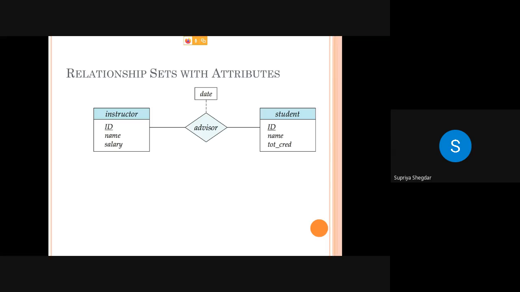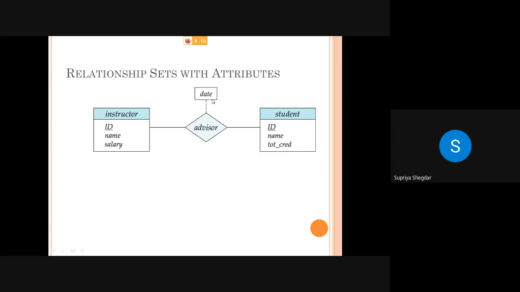Now next, the relationship set with attributes. Means if the relationship set has its own attribute, then it is represented like this. We give the name of the attribute and we connect that attribute and the relationship set with the help of a dotted or dashed line.